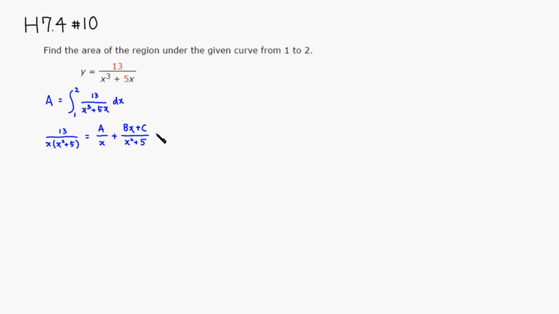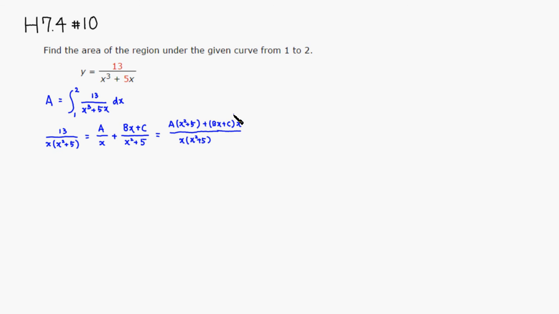Then we're going to put them back together. The common denominator is the original denominator, x squared plus 5 times x. So for A we need to multiply by x squared plus 5, and for Bx plus C we need to multiply by x.